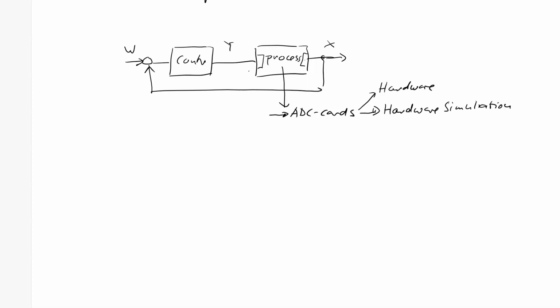That means you can define a process and run the loop without connected hardware. But in the lab you will do this with real hardware. Okay, first we have to select the hardware. Next is the controller can be designed in a menu called controller design.